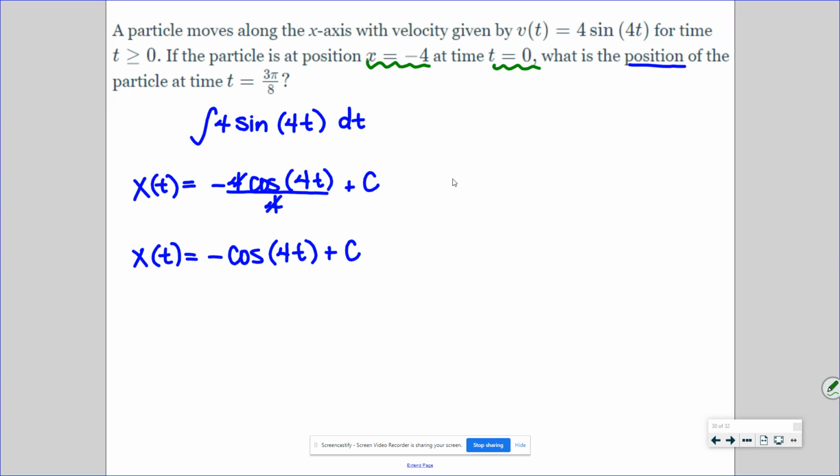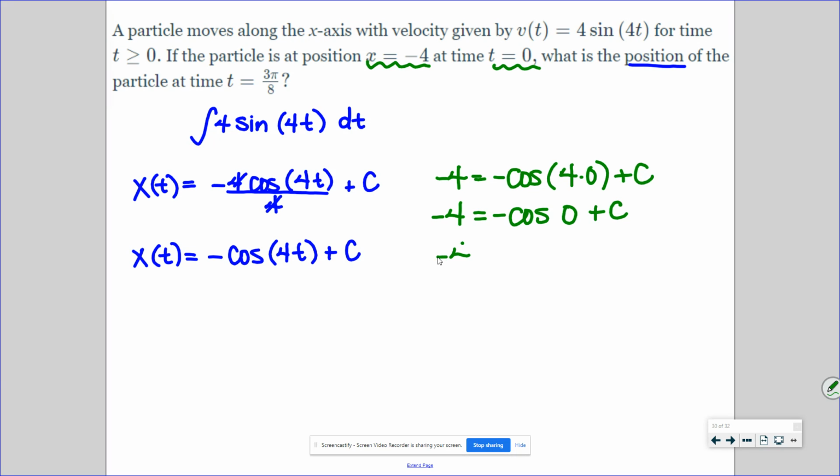I'm going to plug in -4 for the x of t, and 0 everywhere I see a t, and that's our initial condition, so that's going to help us find the value of c. So we need to do negative cos of 0. What is cos of 0? Cos of 0 is 1, so this would be -1 plus c. That means that c would be equal to -3 if you add 1 over.